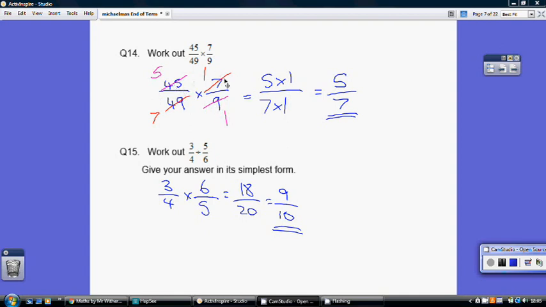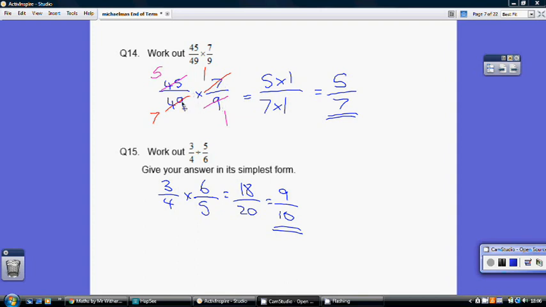So consider the two numbers on the top being times together and the two numbers on the bottom being times together. Well, we can see that 9 is a factor of both 45 and 9, so we can kick off by dividing the 45 by 9 and the 9 by 9, so these cancel down to 5 and 1, because overall we've divided the numerator by 9 and the denominator by 9, so nothing's changed overall.